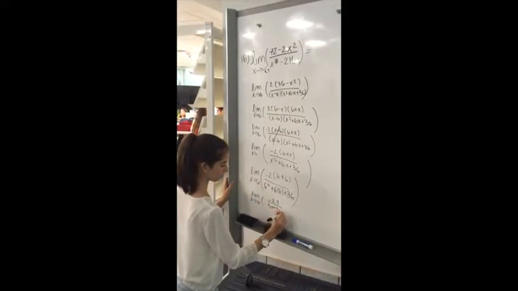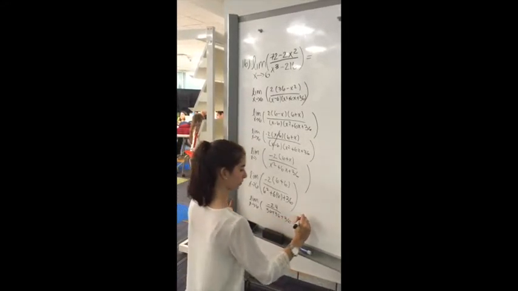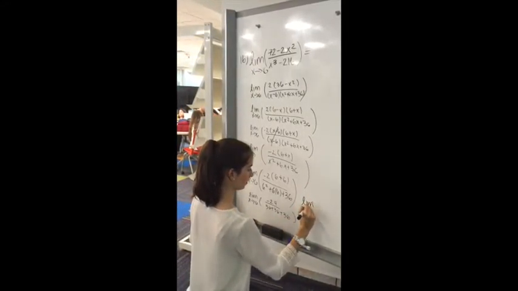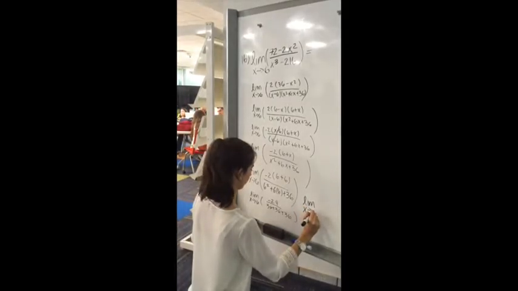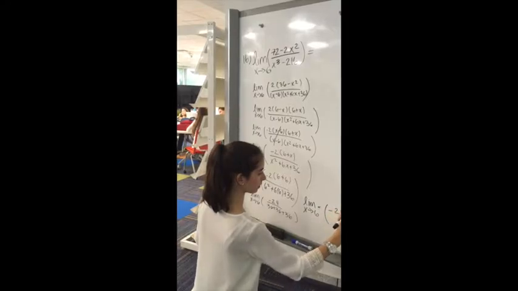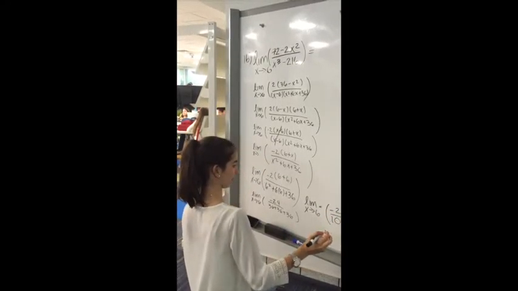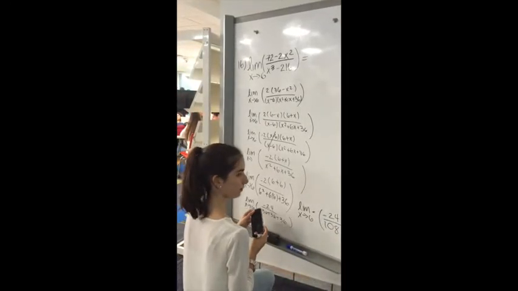Leaving us with a negative 24 in the numerator and a 36 plus 36 plus 36, which is equal to 108. So our final answer, simplified, is negative 2 over 9.